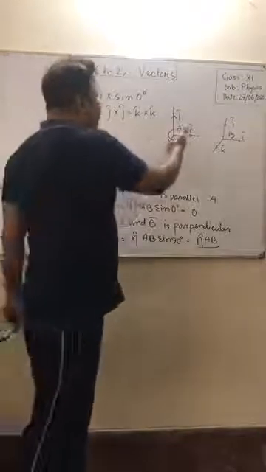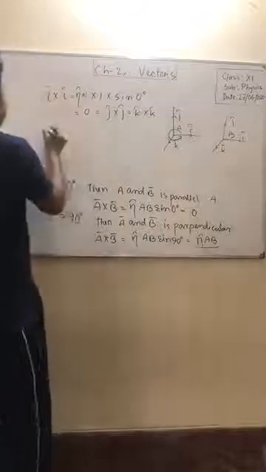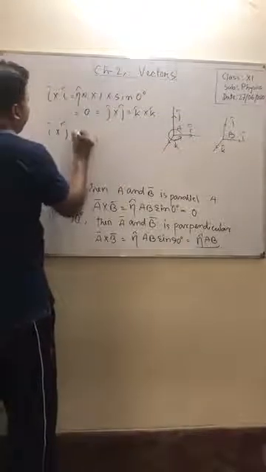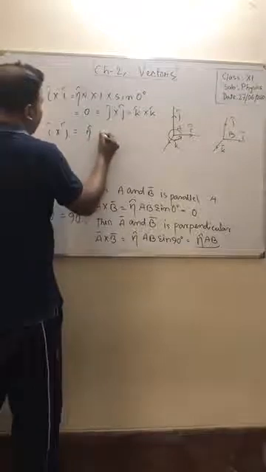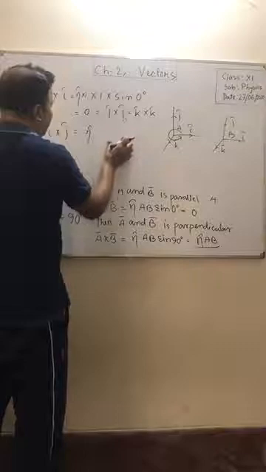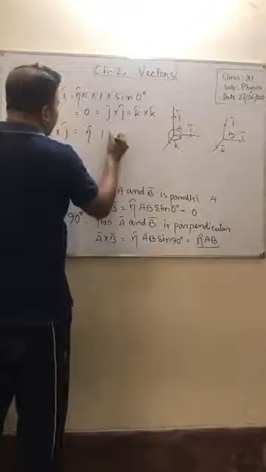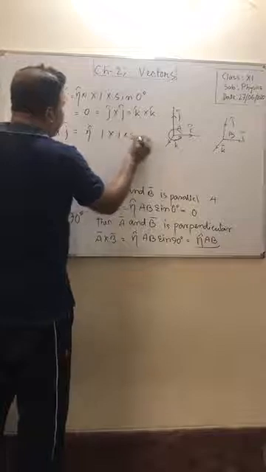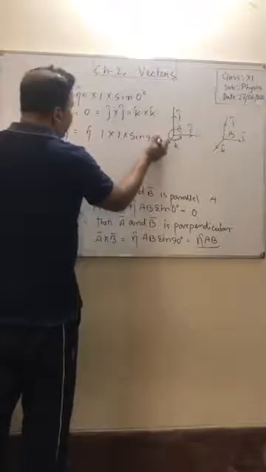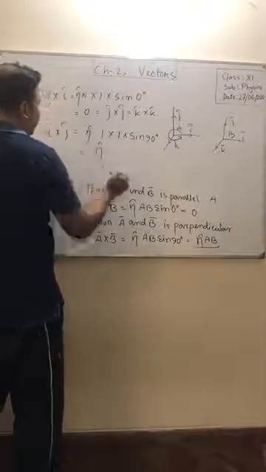So we go first in the anti-clockwise direction, i cross j, and what happens? i cross j means eta cap, i is 1, j is 1, we put 1 and 1 values, every value is 1 into 1 into sine, because i and j are 90 degrees, sine 90 degree, that means i cross j equals eta.